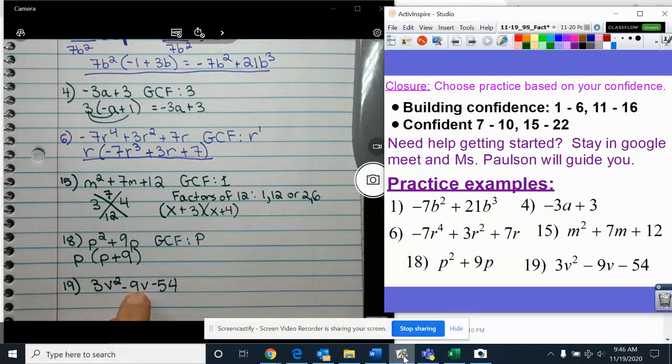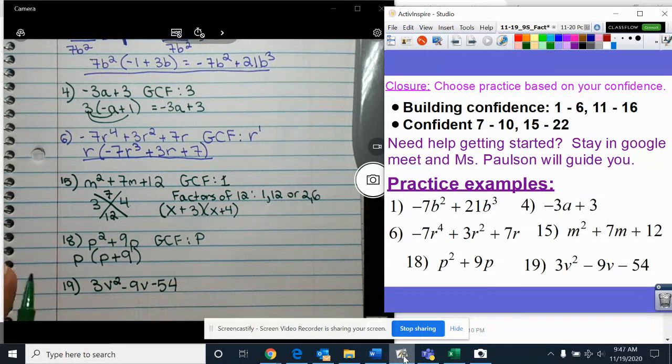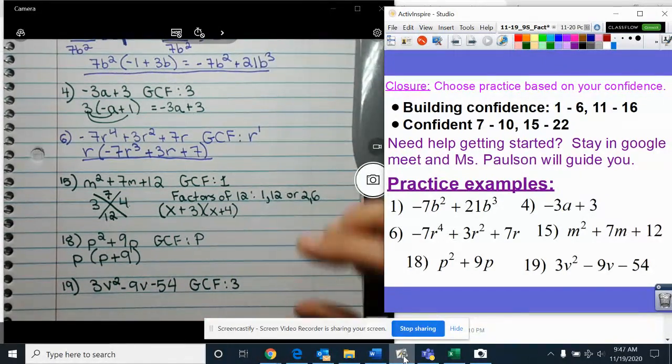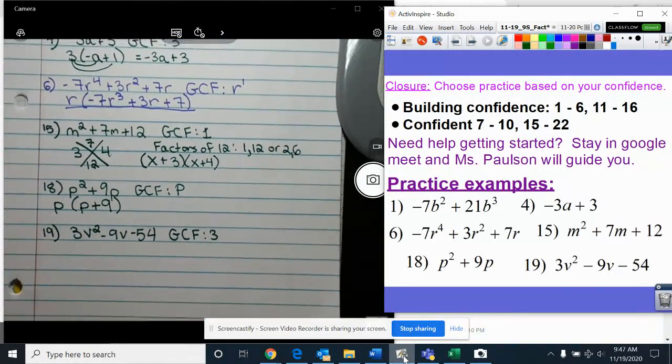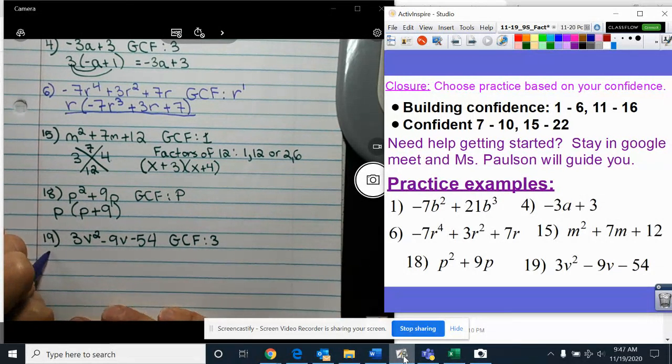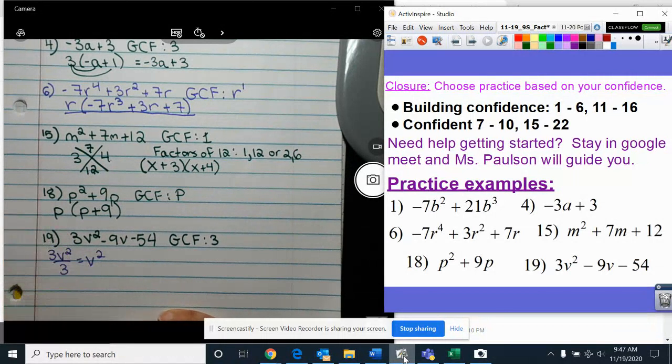Now notice that each of these terms is divisible by 3. So the greatest common factor is 3. So we're going to divide that out, and I'm going to show you each term. 3v squared divided by 3 is v squared.